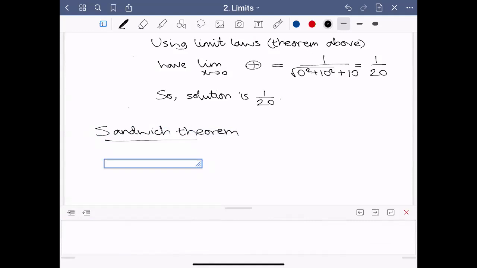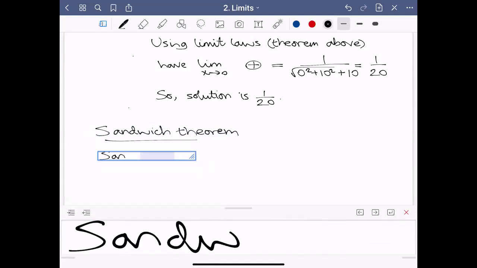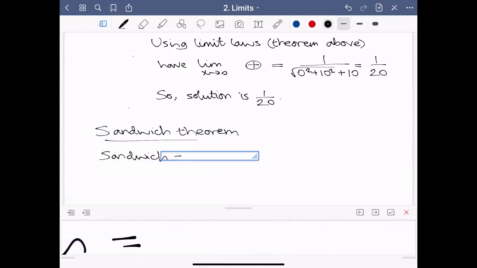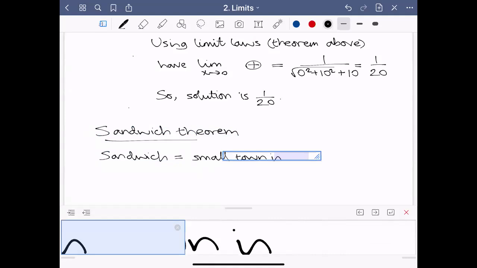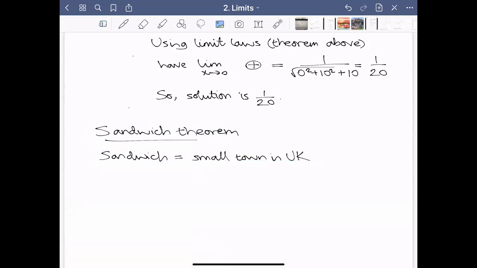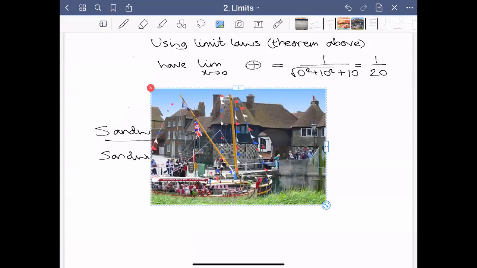Now, I always liked this name because Sandwich is a small town in the UK, and it's where I went to school. So here it is.